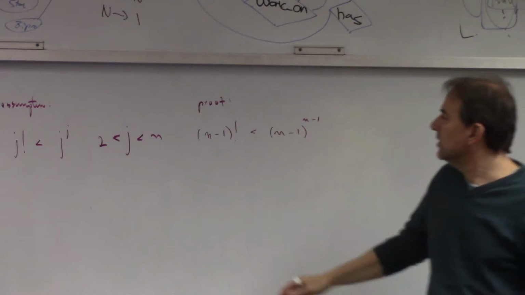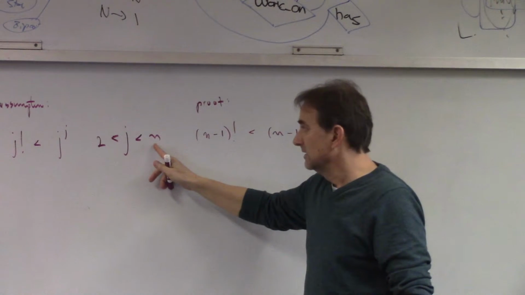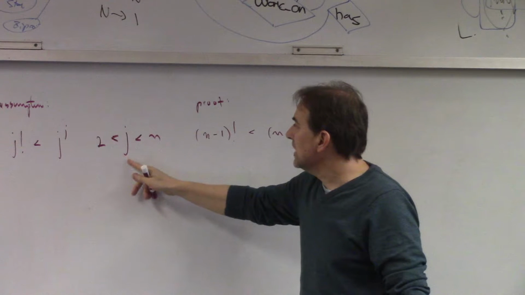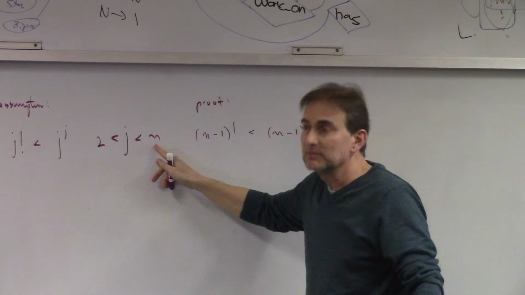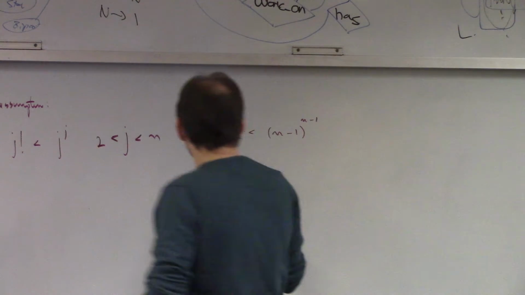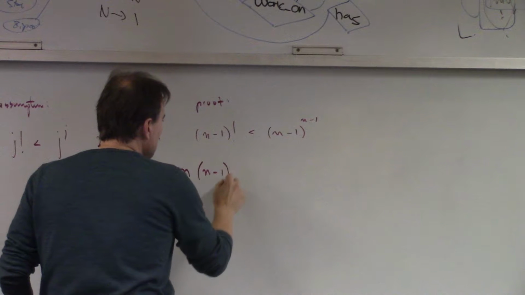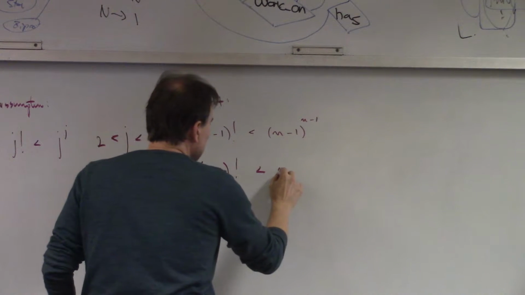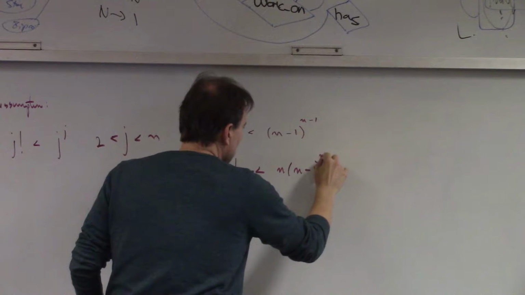But because n is greater than j and j is greater than 2, I know that n is greater than 2. It's positive. So I'm going to multiply both sides by n, and I get n times n minus 1 factorial is less than n times n minus 1 to the n minus 1 power.